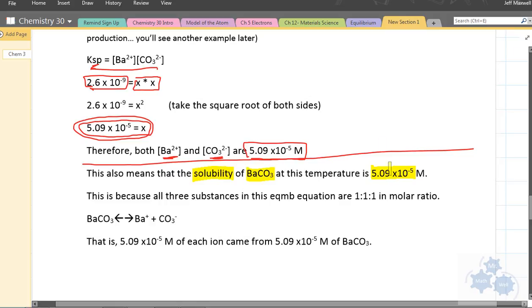That's the concentration of barium carbonate that could dissolve, because it's a 1:1:1 ratio. So this number, 5.09 times 10 to the negative 5 molar of each ion, came from 5.09 times 10 to the negative 5 molar of the original barium carbonate. 1:1:1 ratio of moles. Moles per liter.